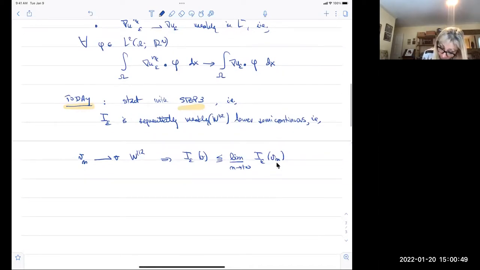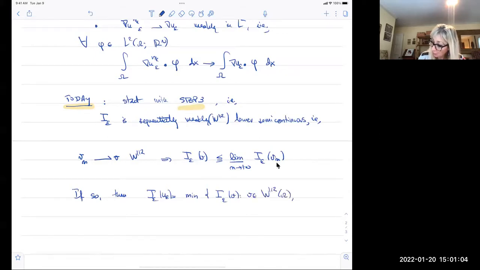So then we'll know that I_epsilon of u_epsilon is indeed the minimum of I_epsilon of v over all v which are in W^{1,2} with the right average. Okay, and then you're done. Well, done at the epsilon level, right? Then you have to work harder to get rid of that epsilon dependence.